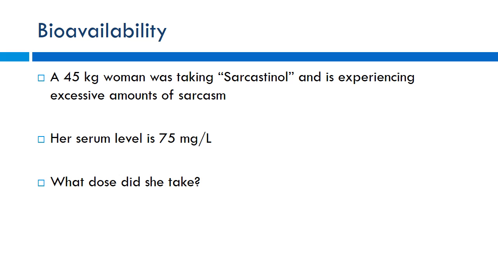So 9 times 75 equals 675, and we said that the drug is 90% bioavailable. So that's 90% of the dose she actually took. So you divide it by 0.9, and we get 750 milligrams, right? So she ended up taking 50% more drug than she should have, and now she's experiencing supratherapeutic concentrations. Okay, everyone with me?